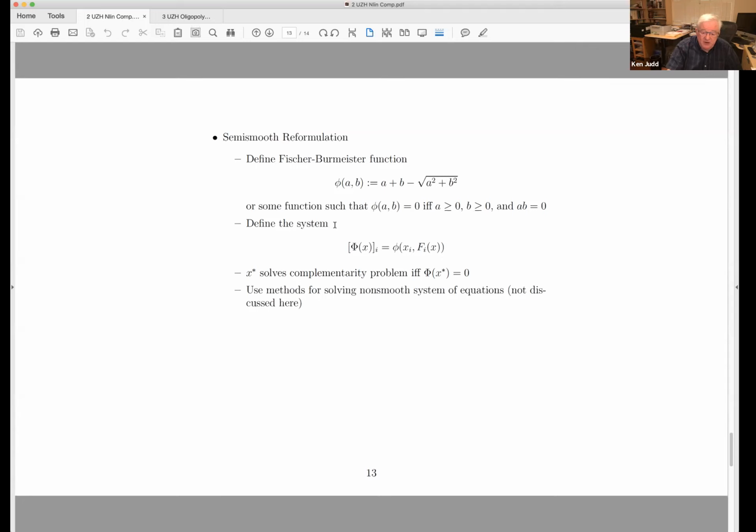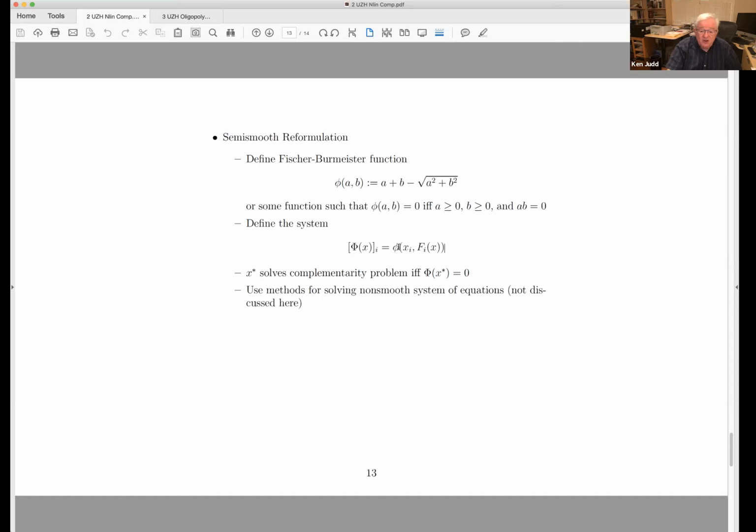So now we have a nonlinear complementarity involving xi and fi. What we do is we take each pair of variable and equation, plug it into a Fischer-Burmeister function, and then we end up with a system such that the ith equation in this system is the Fischer-Burmeister function.